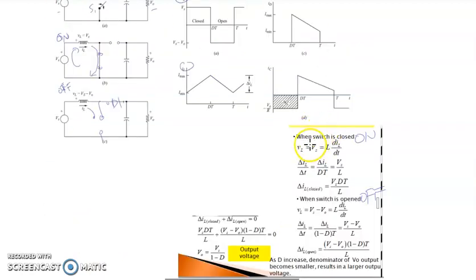So based on the slide, when the switch is closed, meaning when S1 is on, this one is on here. So VL equals Vs, which is L dIL over dt.